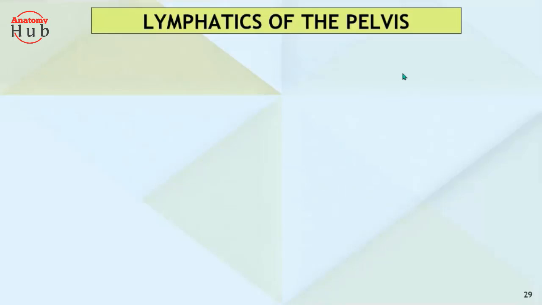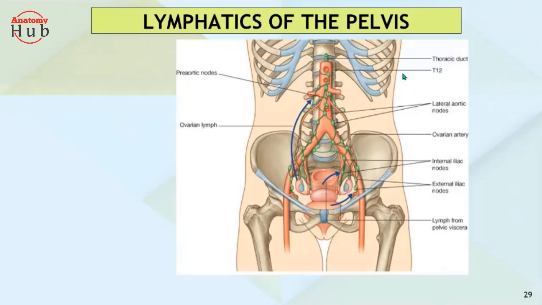Then the lymphatics of the pelvis. Okay, so here all these lymphatics are actually surrounding the artery. Which artery? Abdominal aorta, the common iliac artery, the internal iliac artery, and the external iliac artery.